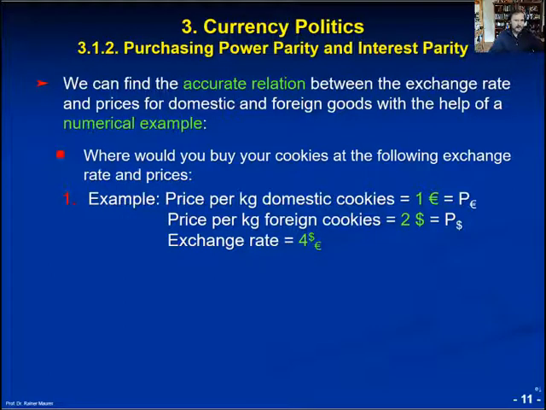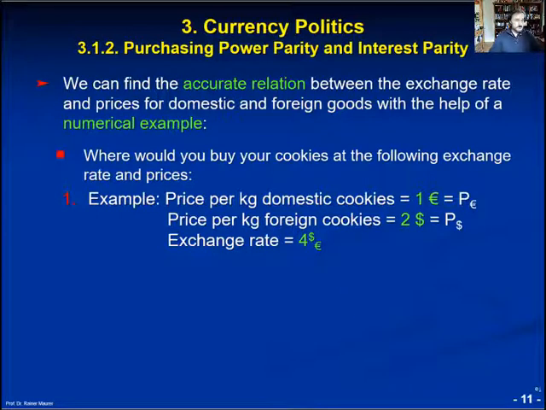The price for 1 kilogram cookies in the euro area would be €1, while the price for 1 kilogram cookies in the dollar area would be $2. The exchange rate is $4 for €1. Let's assume that there are no transportation or other transaction costs.